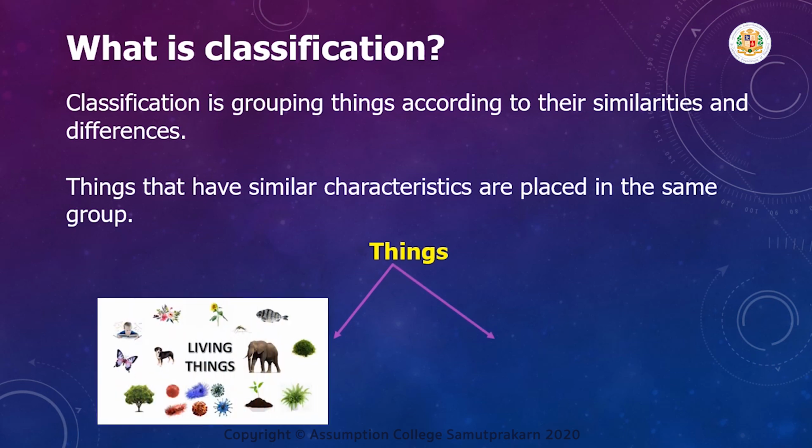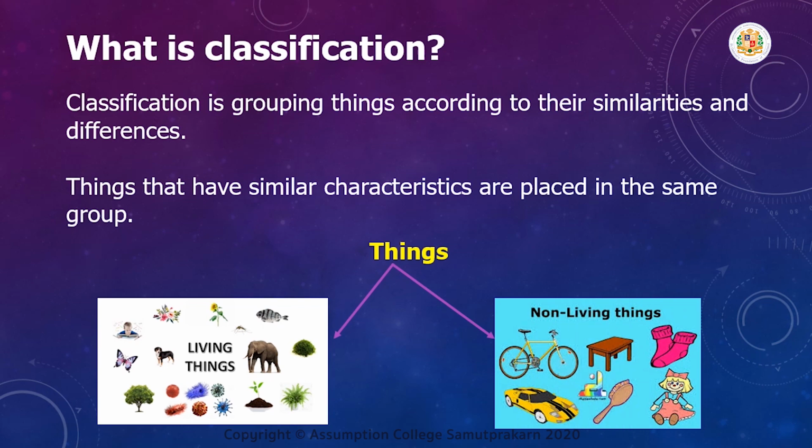One is living things and one is non-living things. I group them because these living things have similar characteristics. And I put these things together in the group of non-living things because they have similar characteristics. Okay, next.